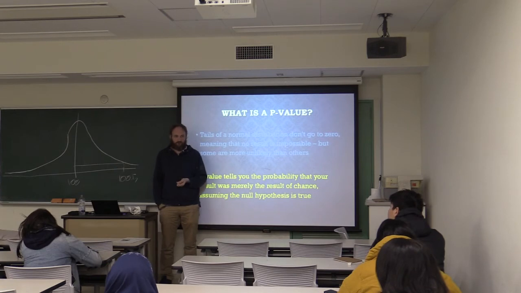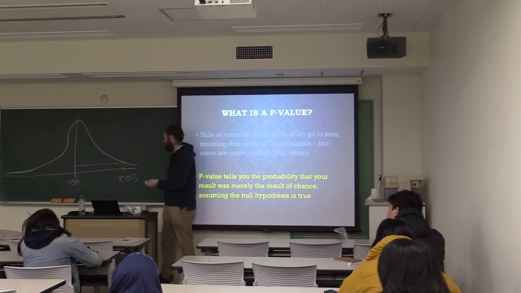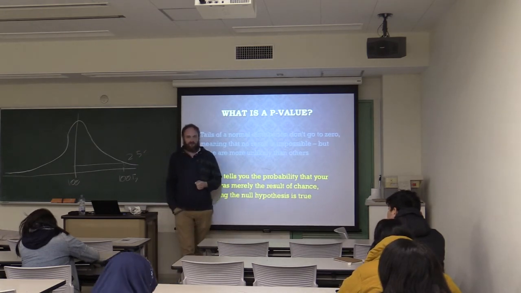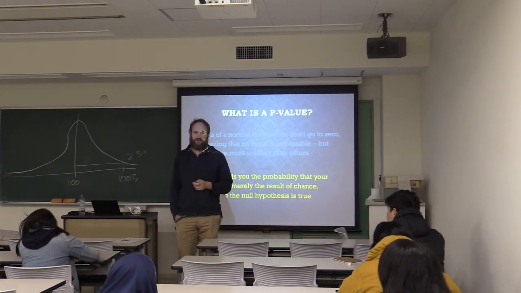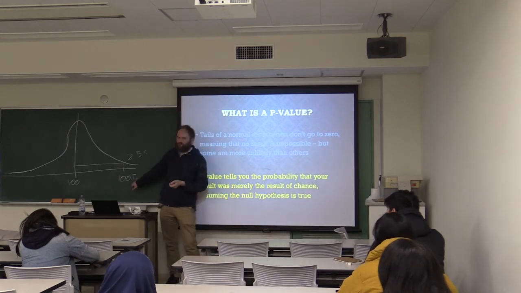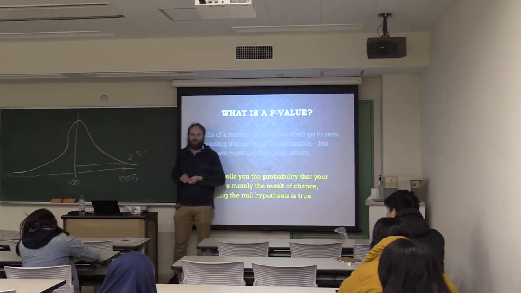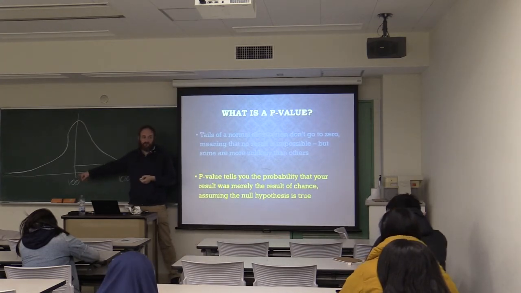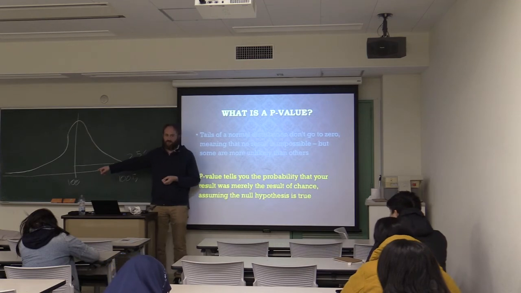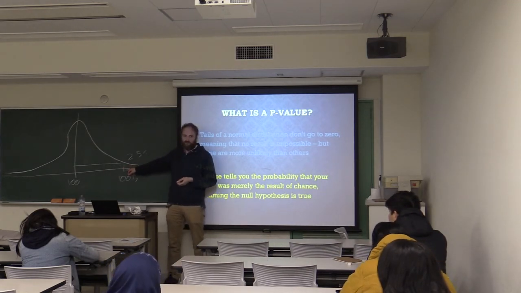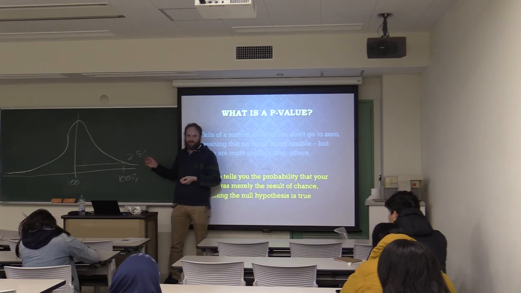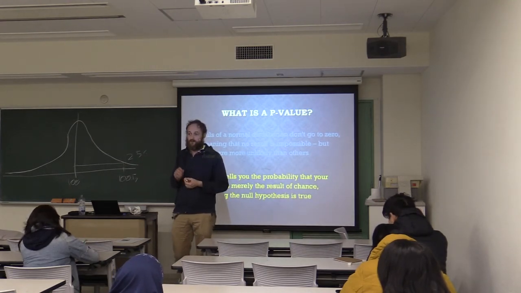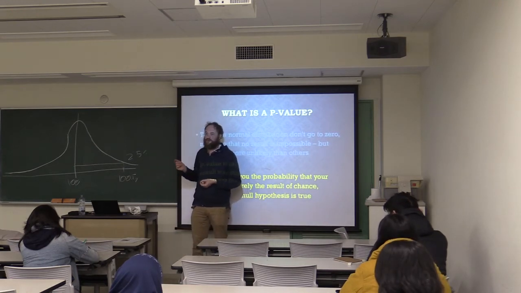It's a really small probability, okay? In our case, it's only 2.5% chance, okay? There's only 2.5% chance that we measured 100.5 and it was just a result of random variability. If the real mean for the whole population was actually 100, but we measured 100.5, the chances of that happening are only 2.5%. Okay? Because our p-value was 0.025.